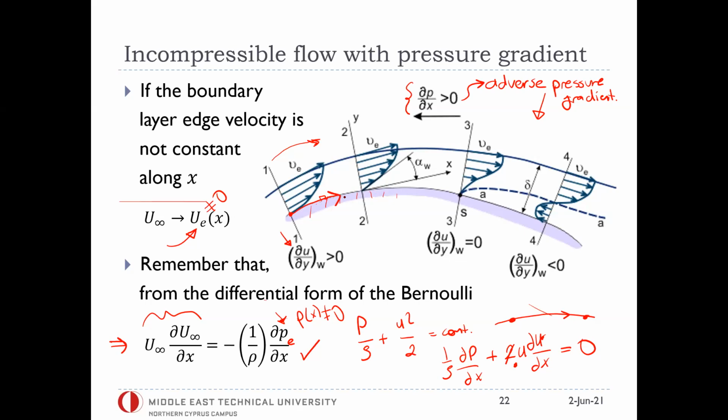But here, if the pressure is increasing along x, or along the surface, let's say, fluid particles are trying to move against an increasing pressure, which is not good news, because it means that the pressure increase along the streamwise direction could be so high that at some point it could basically block the fluid particles from moving anymore.